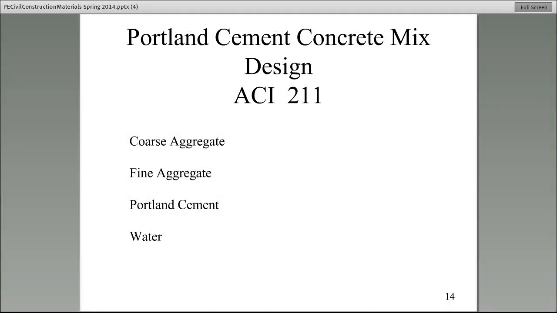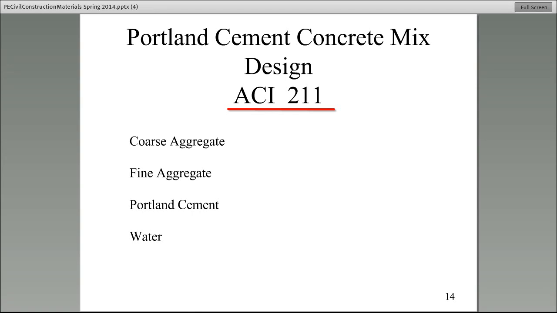However, the exam you are about to take is a standardized national exam. So regional habits and regional behavior will not be tested or expected on the test. On the test, you will be expected to know about ACI 211, American Concrete Institute Section 211.